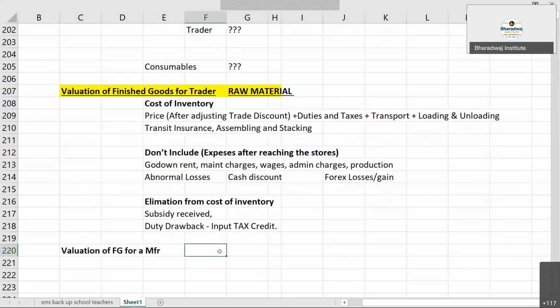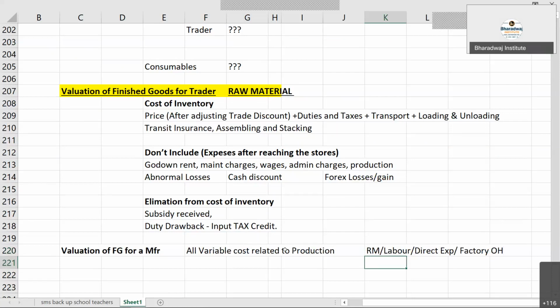See, for a manufacturer, valuation includes all variable costs related to production. Example, raw material, labor, direct expenses. Maybe in cost sheet you would have seen, this is part of prime cost. Then factory overheads. So all the variable costs related to production.